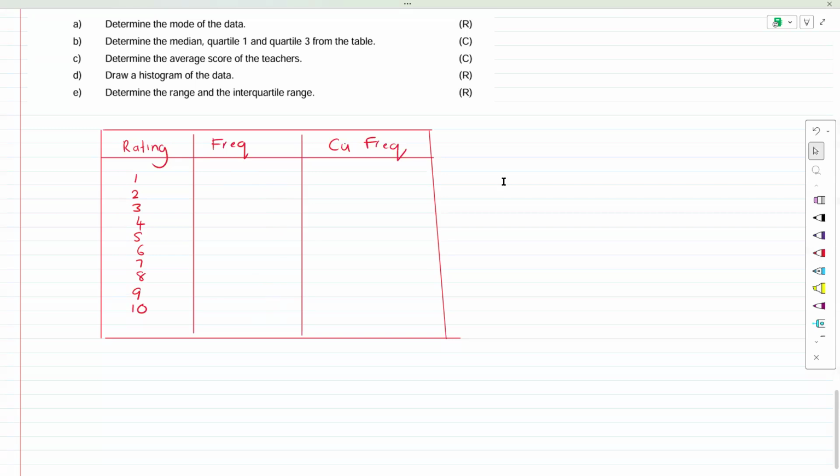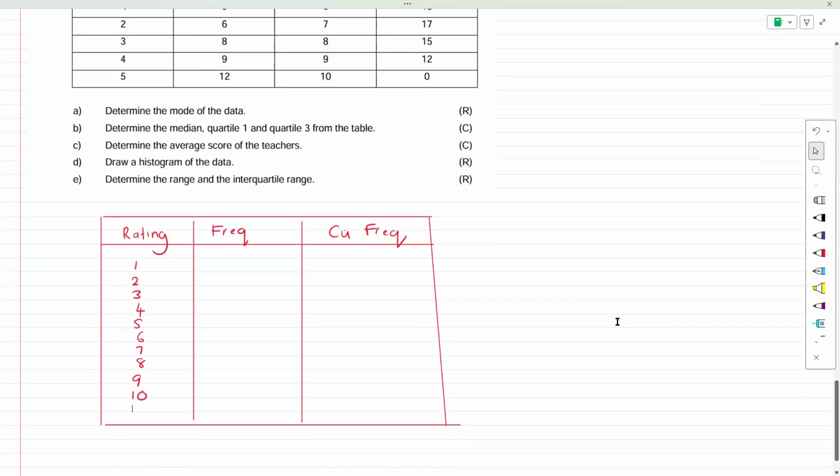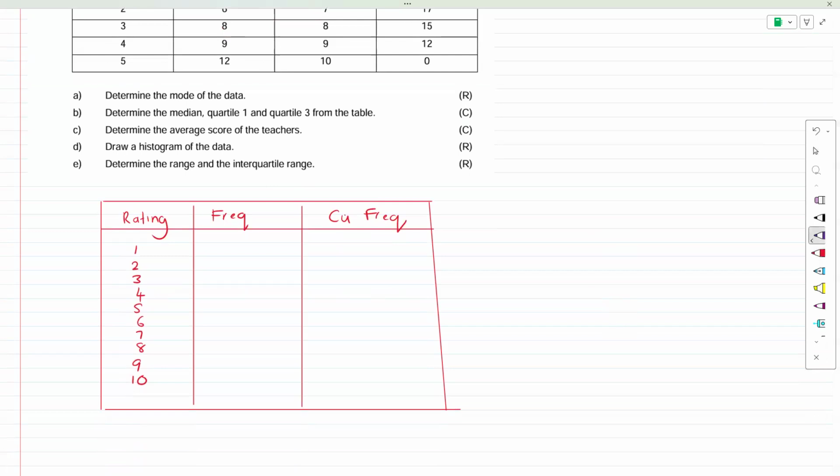So this is the rating of 1 to 10. The frequency, if I'm not mistaken, is 3, 6, 8, 9, 12, 18, 17, 15, 12, and no one had an easy class to teach, 0. Guys, I'm just copying this exactly from the book.